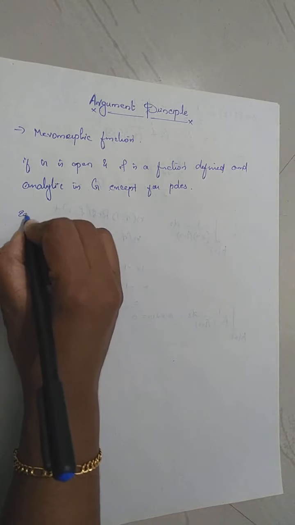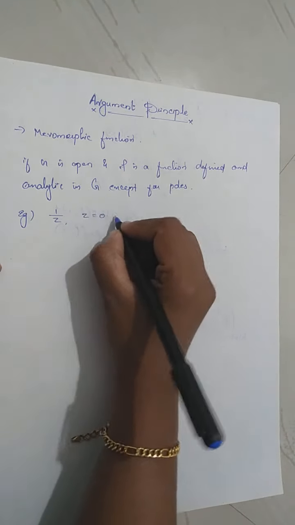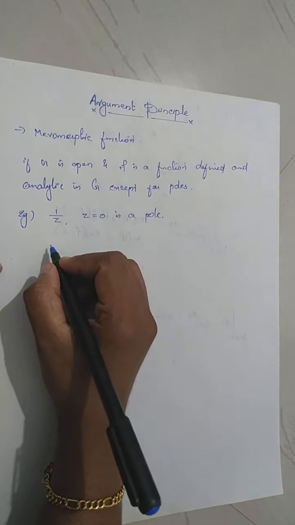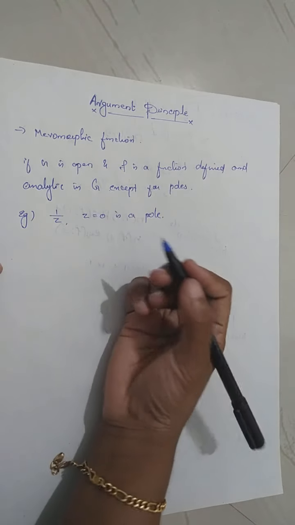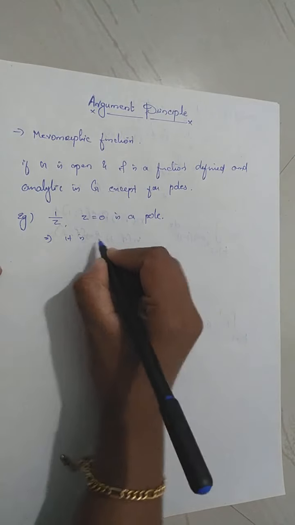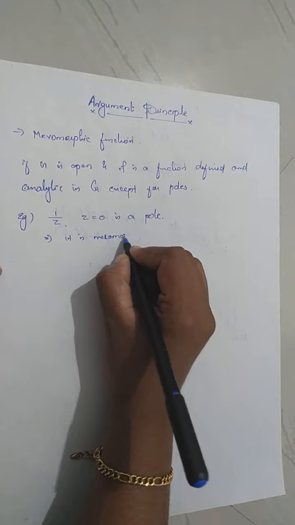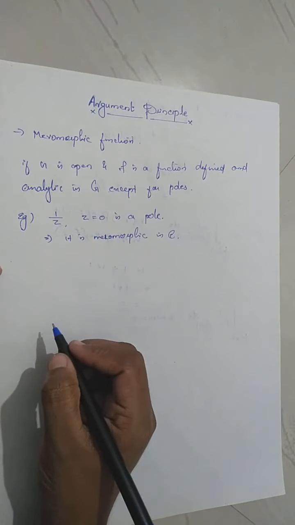For example, if you consider the function 1 by z, then z equal to 0 is a pole. Therefore, this function is meromorphic. It cannot have any other singular points, right? So it is meromorphic in C, the complex plane.